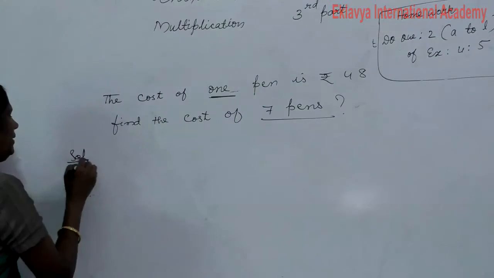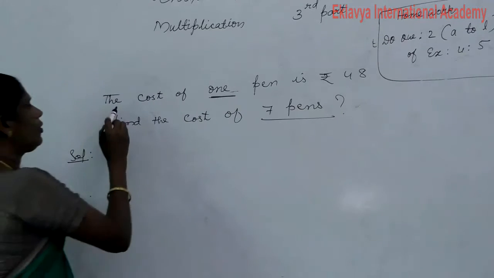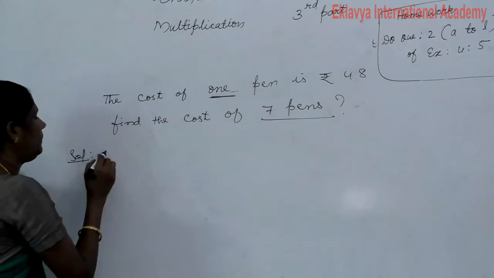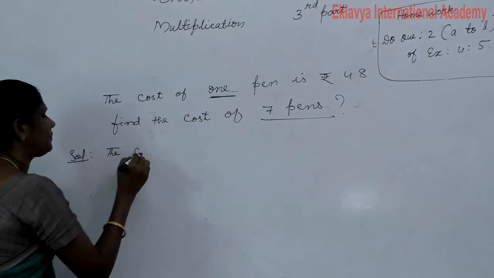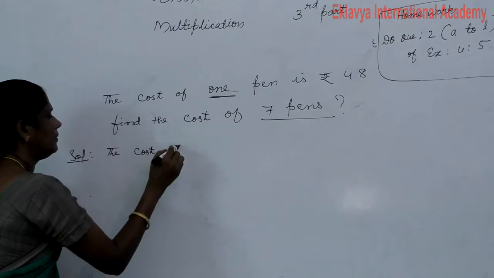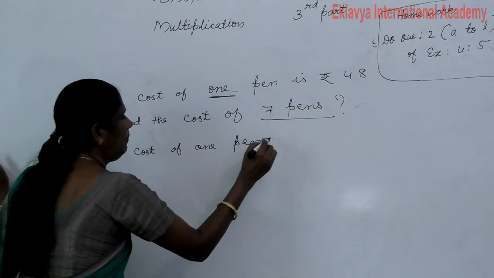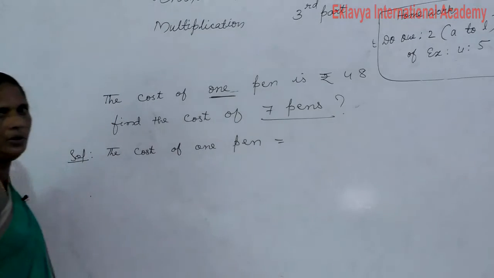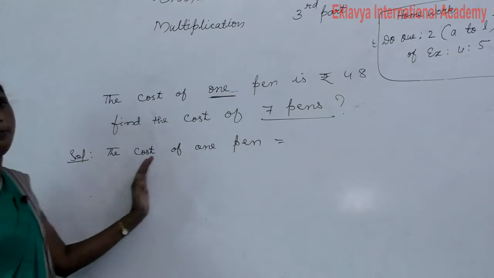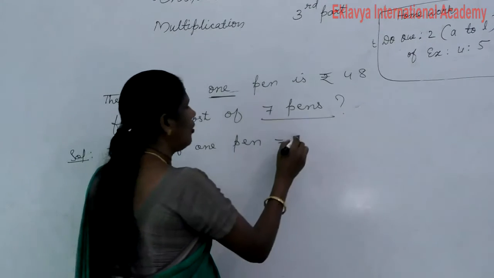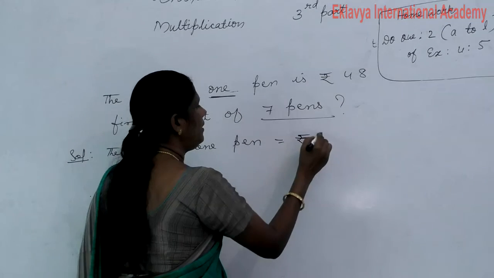Solution. First you write the solution. The cost of one pen is equal to rupees 48.